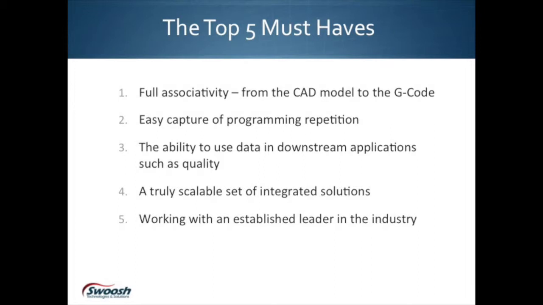The top 5 must-haves. We start by talking about full associativity from the CAD model all the way to your G code, from design through manufacturing. We also want easy capture of programming repetition, as well as the ability to use downstream data applications such as quality. A CAM system is always best if it's a truly scalable set of integrated solutions, where everything works together.